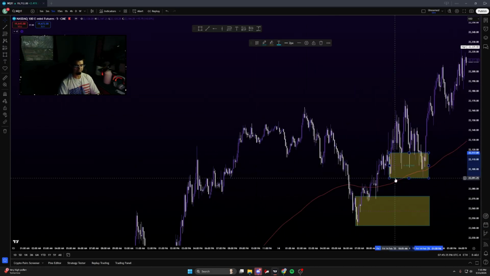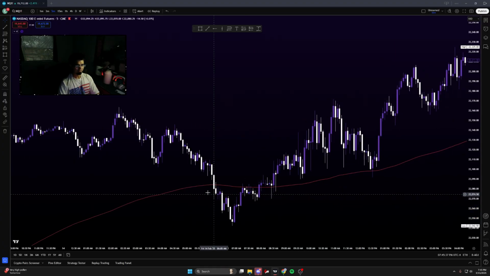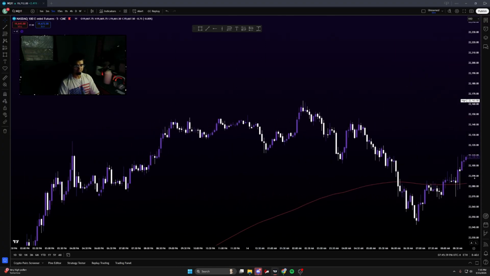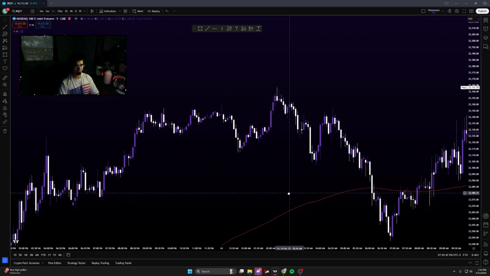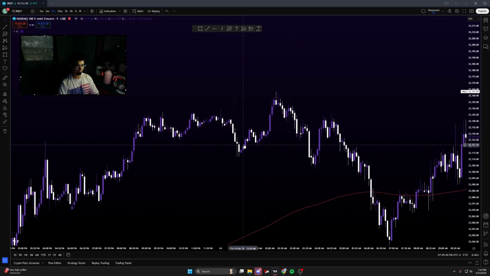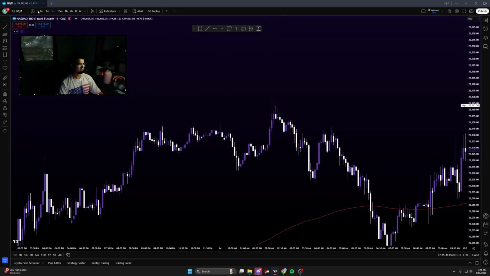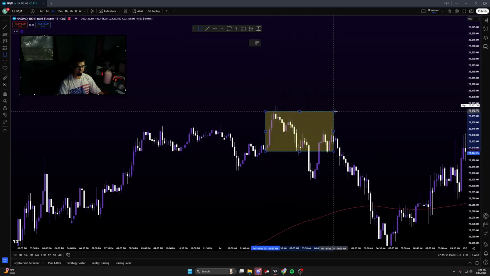So let's show you another example of an order block. Let's see. So we see move down, move up, move down, move up, move down, move up. This entire movement right here is going to be our order block. And we see what happens.